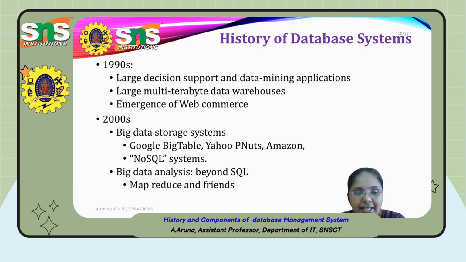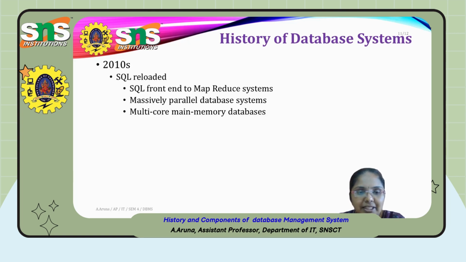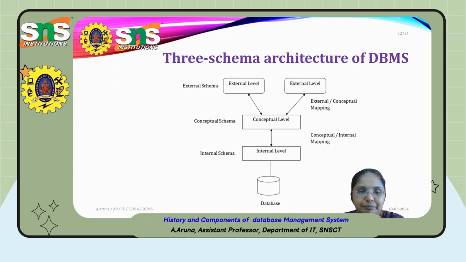This evolved in the 2000s. In 2020, SQL is reloaded to the multi-core architecture, a multi-core database system, parallel database system. So the MapReduce system evolved, that is NoSQL. Nowadays, in the 2020s, we are using NewSQL, which is a combination of SQL and NoSQL.